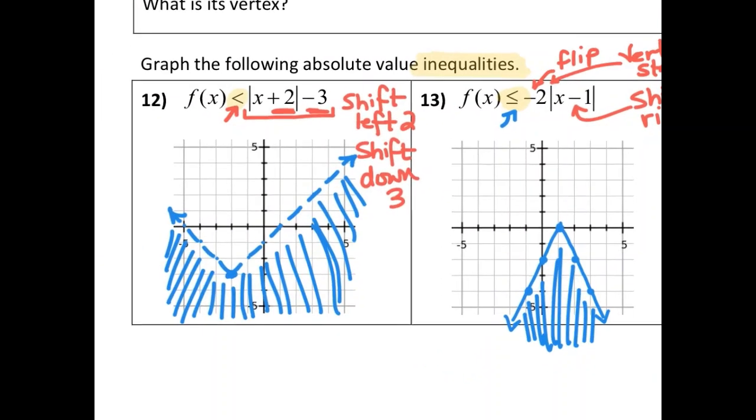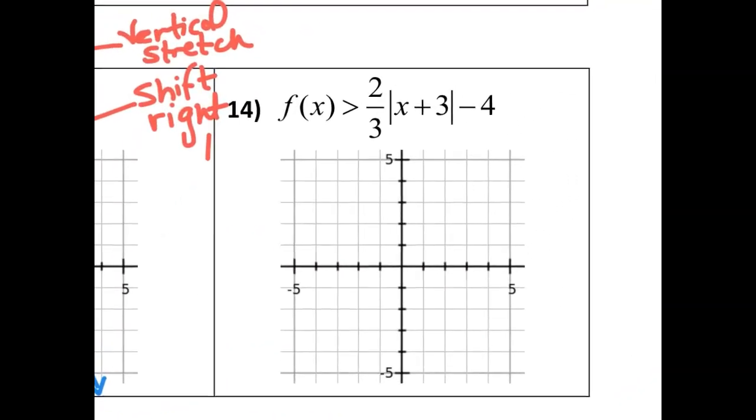So compare numbers 12 and 13. Make sure you understand why 12 has a dashed line and 13 has a solid line. Make sure you understand why they both shade in a downward direction, because they're less than.